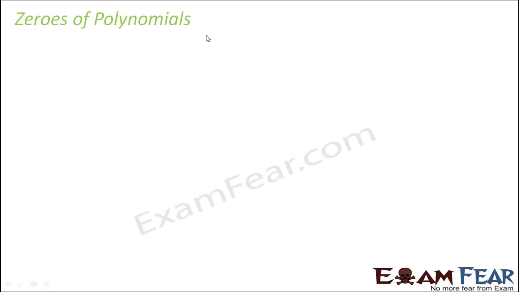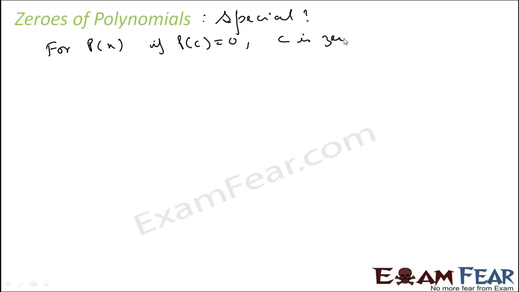So we talked a lot about zeros of a polynomial. What is special about this? What is so big a deal about this? We spend so much time understanding zeros of the polynomial. Actually, there is something special about it. See, for any p(x), if p(c) is 0, then I can say c is a 0 of p.